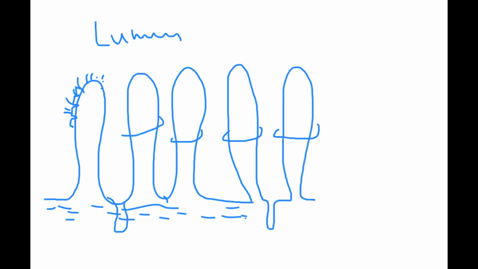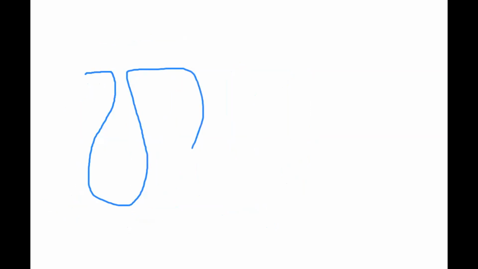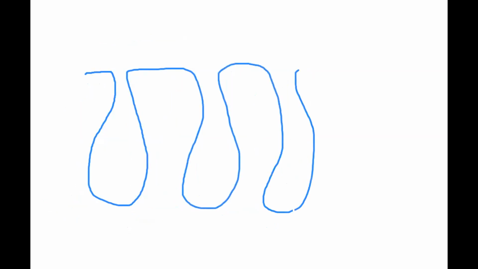But if you see something like this, again, here's the lumen, you have cells lining, still simple columnar cells, but with fewer microvilli now.